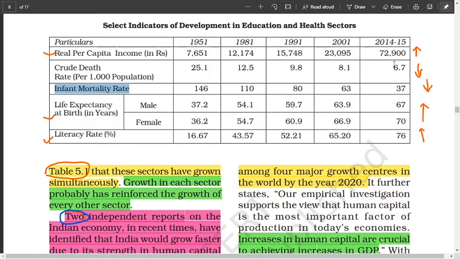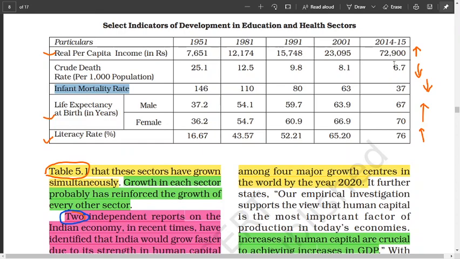Even though we cannot empirically prove that, if you look at the infrastructure, if you look at the enrollment, we'll forget about that. Even if we look at this simple table, we can have a sense that there is a relationship between human capital and economic development, or vice versa, development and human capital.